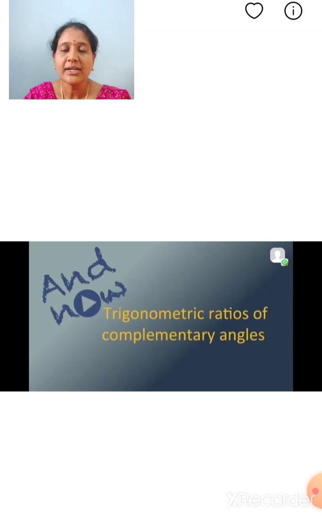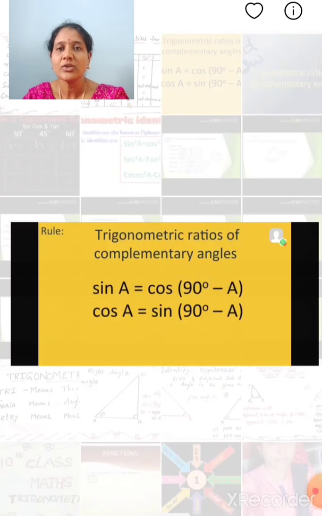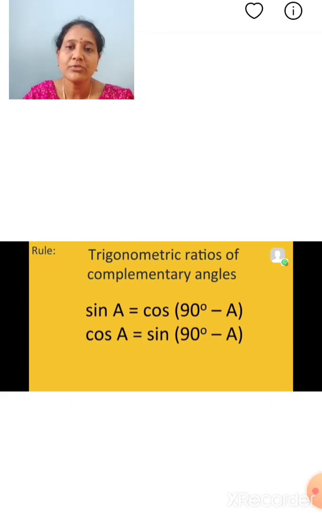You just learn it, children. Because it's a revision, first the trigonometric ratios of complementary angles for sine. Sin A can be written as cos of 90 minus A. Cos A can be written as sin of 90 minus A. You have to remember one thing, children. Remember: the complementary angle of sin is cos, and the complementary angle of cos is sin. Complementary is nothing but 90.